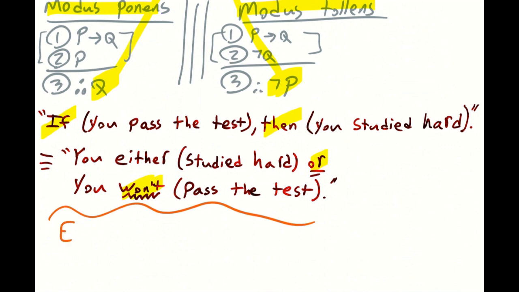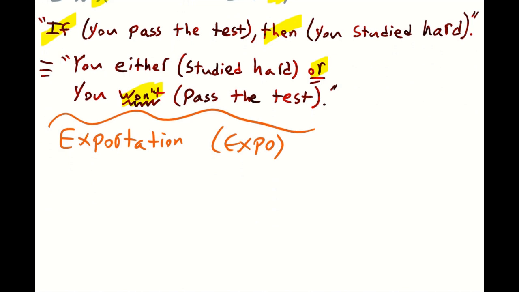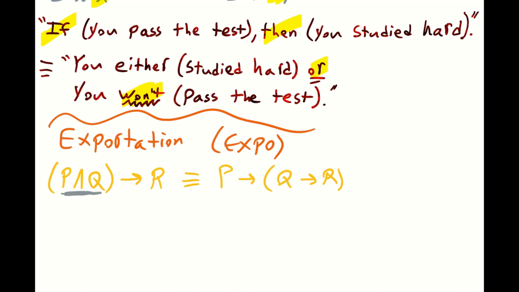So we have exportation, EXPO for short. We have the following: P and Q implies R. So what would this be logically equivalent to? Turns out it will be logically equivalent to this: P implies, in parentheses, Q implies R. So notice that P and Q, those together, are sufficient for R being the case.